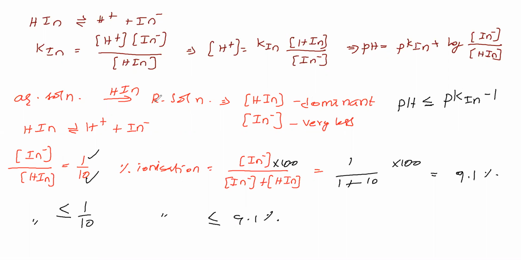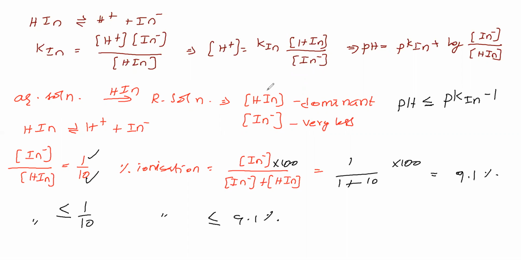Then the resultant solution will exhibit the color of HIn. So the conclusion is: if the pH of the aqueous solution is less than or equal to pK indicator minus 1, then the resultant solution will have the color of the undissociated form of the indicator.